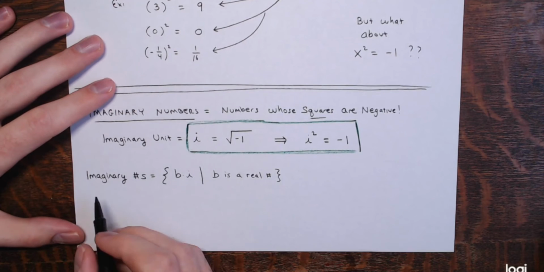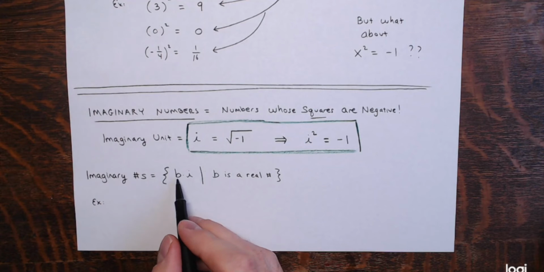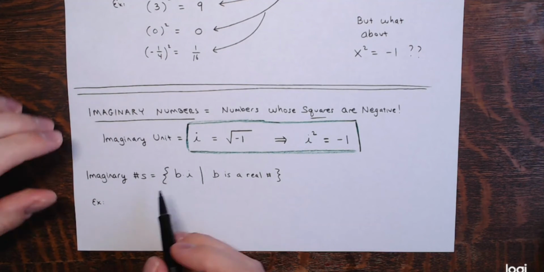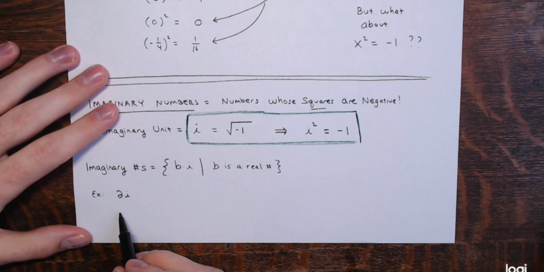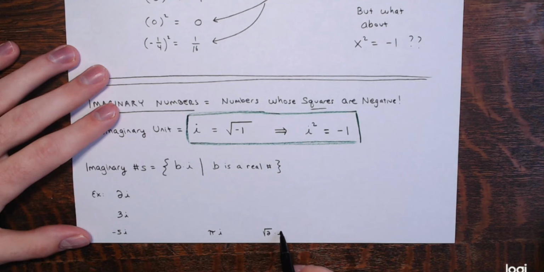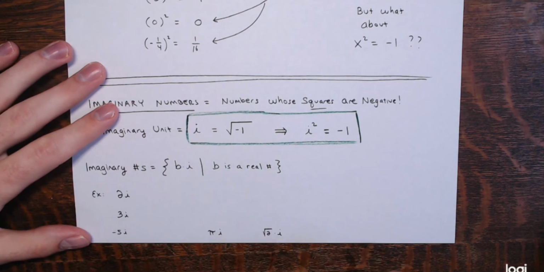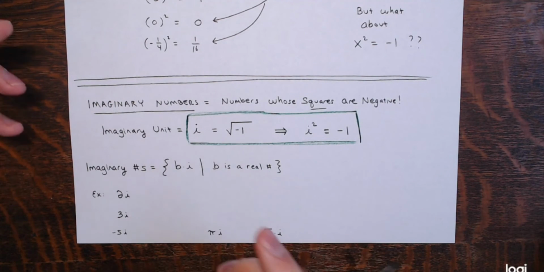So for example, obviously, i is imaginary, it's 1 times i, but you could do any real number. 2 times i is imaginary. 3 times i, -5 times i, whatever. These are all imaginary. Pi times i, square root of 2 times i, and so on. Take any real number you wish, any number from the real number line, and multiply it by this i, and it becomes imaginary.